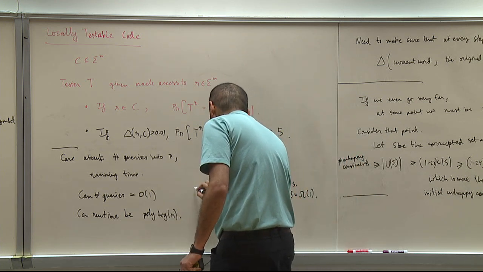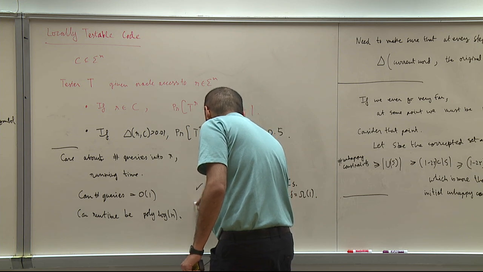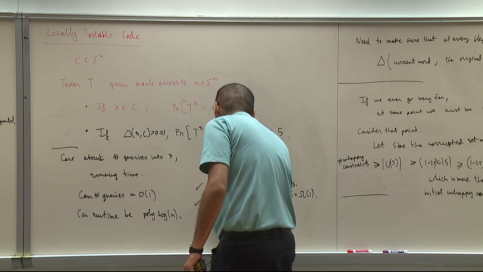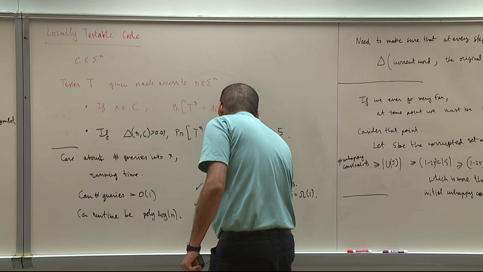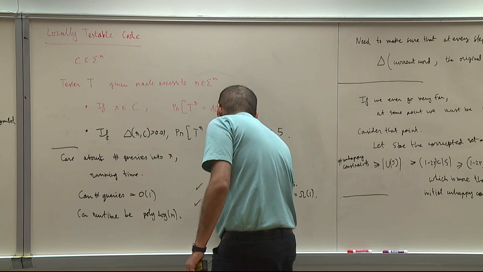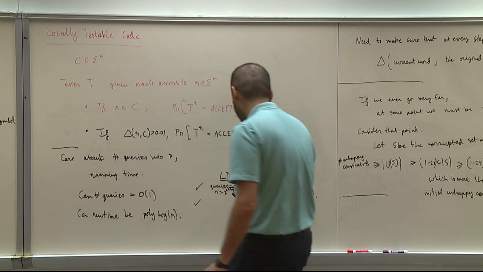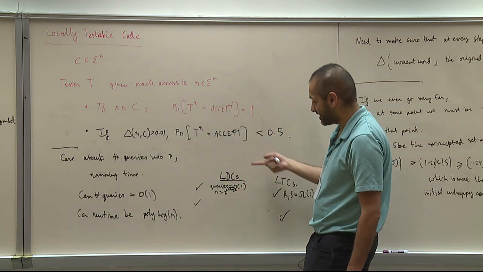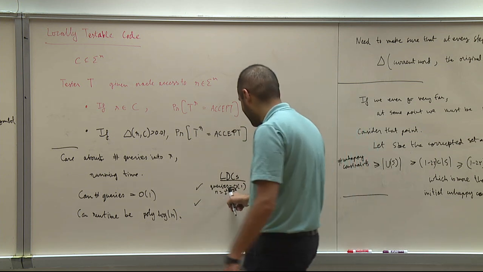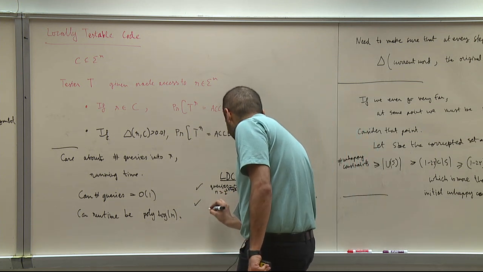So there are two positive results. One of them is queries is order 1, and n equals 2 to the 2 to the square root log k. And if you check, this is less than 2 to the log k, which is exponential in k. So it's not bad.